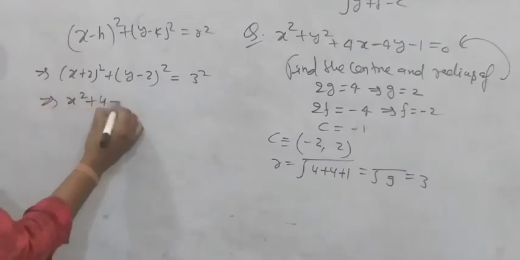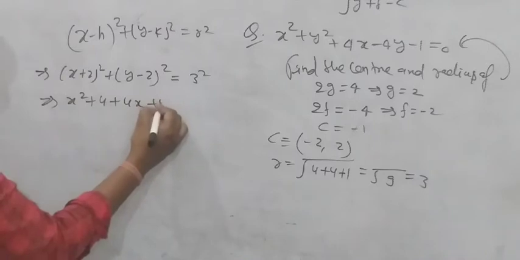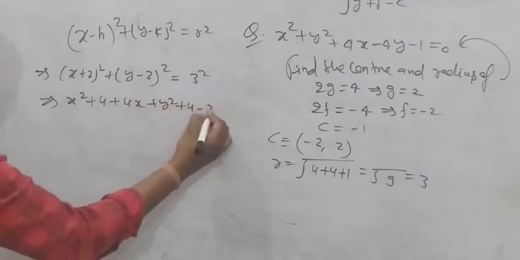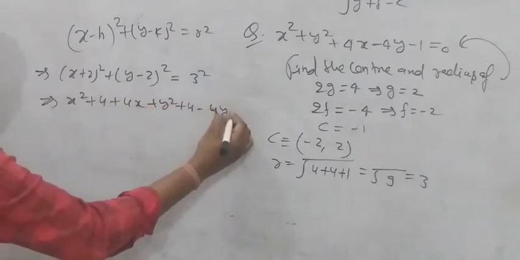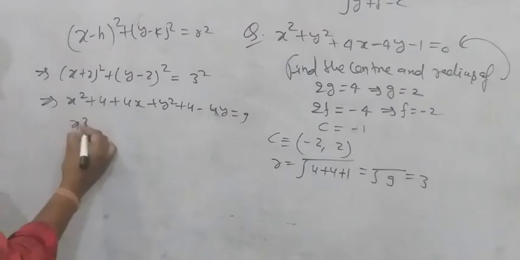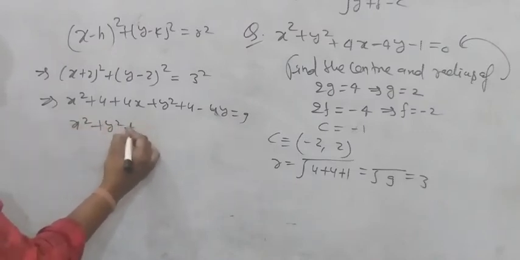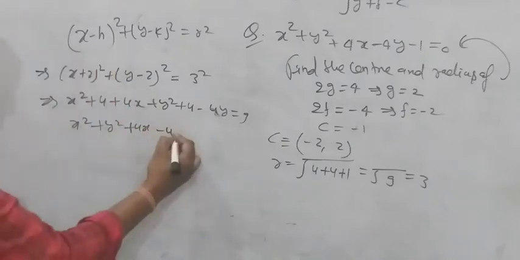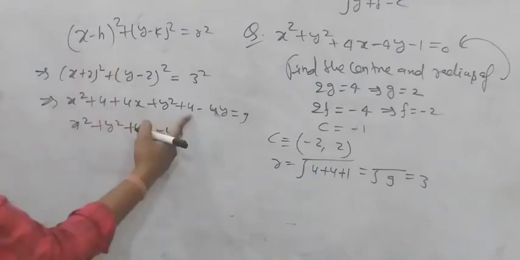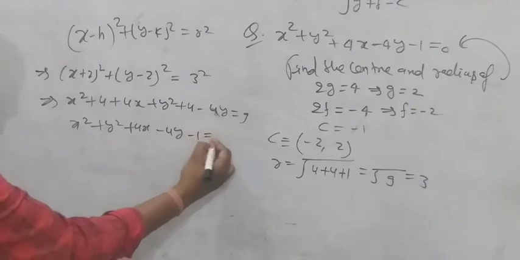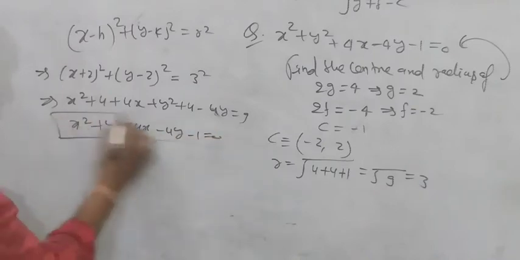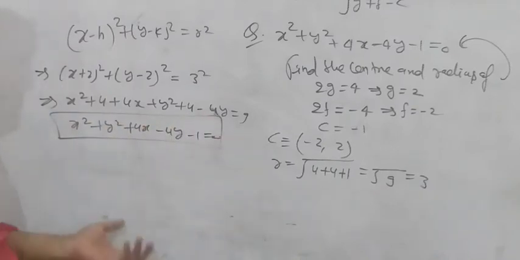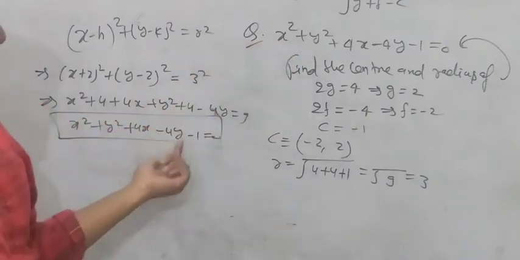We can solve here: a square plus b square plus 2ab, and so on. This gives x square plus y square plus 4x minus 4y plus 8 minus 9 is equal to 0, that is, minus 1. Now you can check: this is the question here, the same question here.